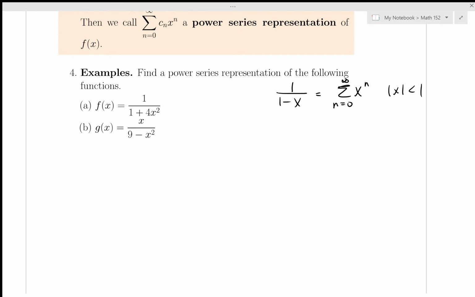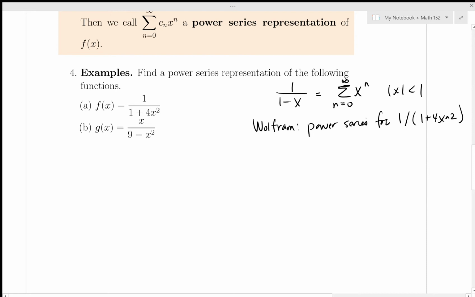While you're doing these kinds of things and practicing and getting used to this idea, you can check with Wolfram Alpha. For example, for question A, you could go into Wolfram Alpha and type in power series for 1 divided by 1 plus 4x squared, like that.